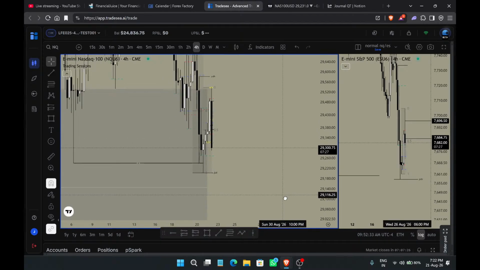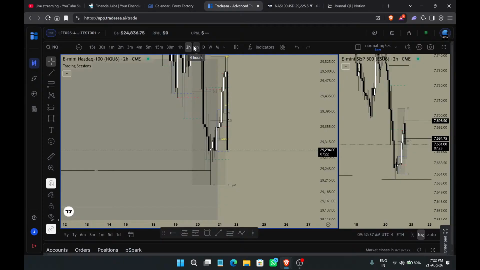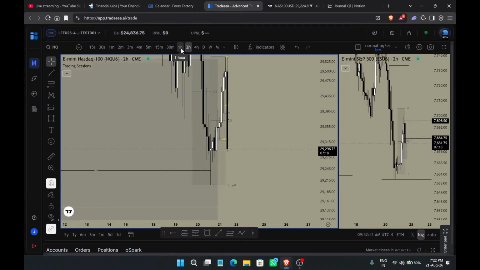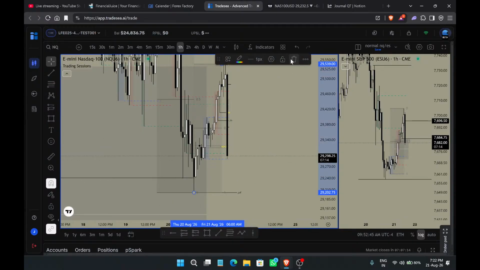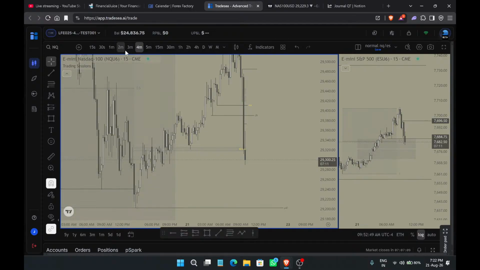Does this projection box look like a good area to long? Maybe after we open the high time frame. It got disrespected. We don't want to look for it.